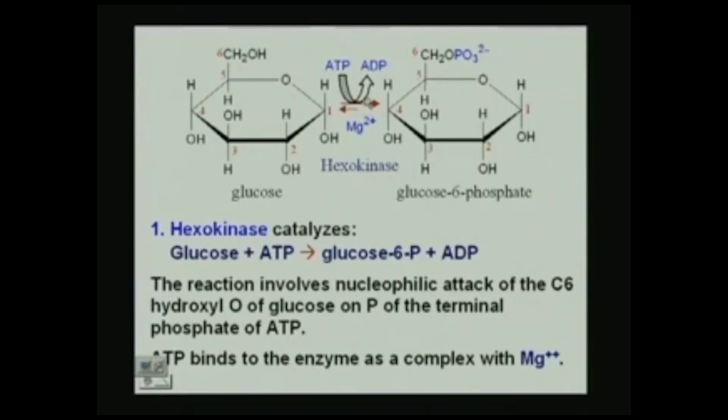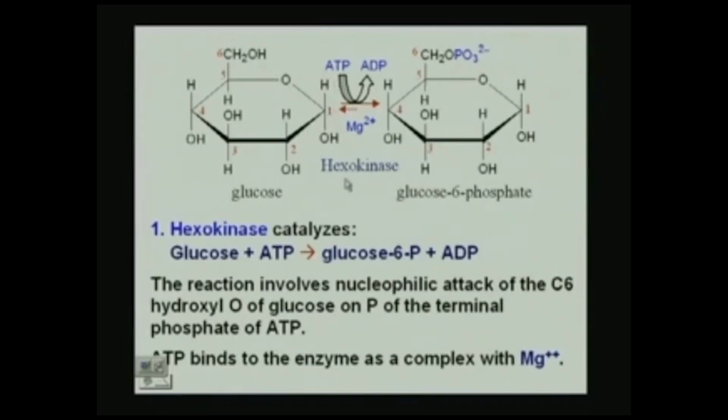A coupled reaction will give a favorable forward reaction, and the reaction actually involves a nucleophilic attack of the hydroxyl OH attached to carbon 6 on the gamma phosphate of ATP, resulting in the formation of ADP.